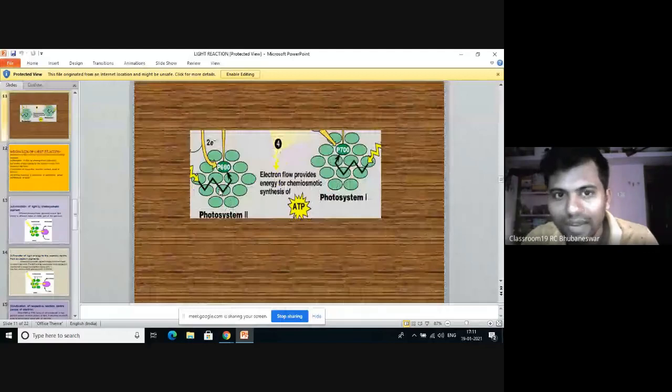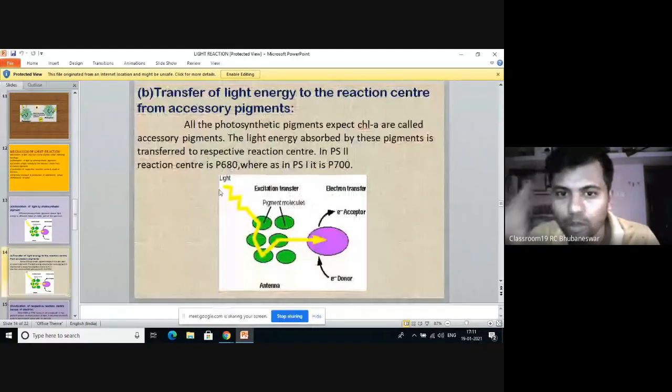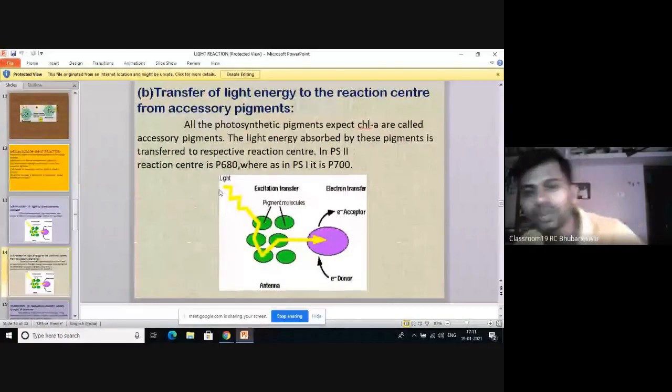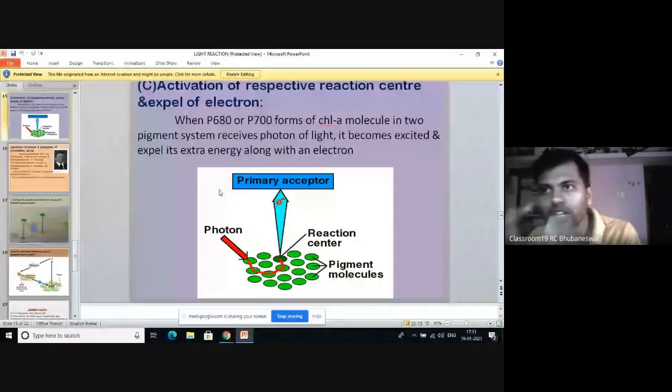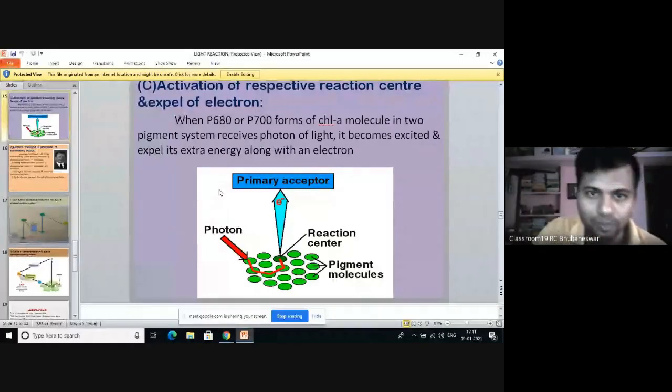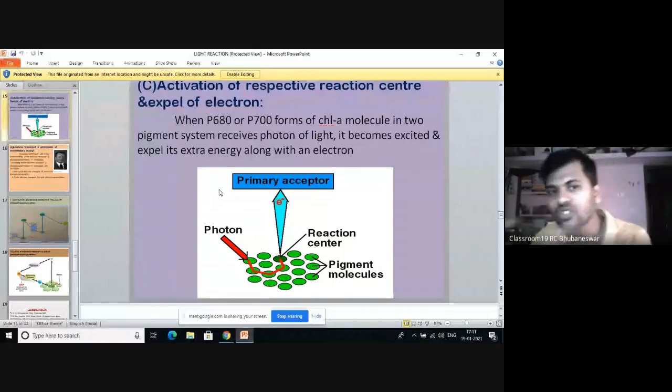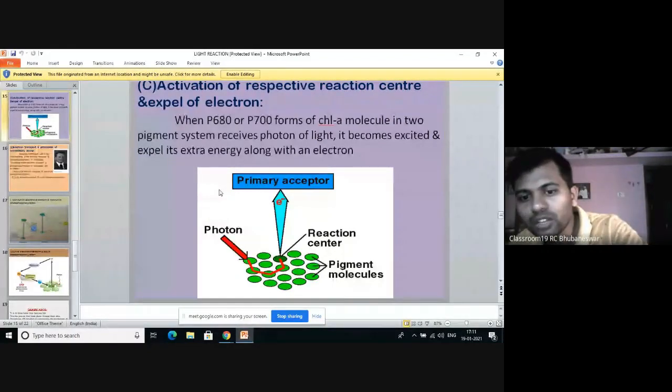When light energy falls on the surface, the pigment molecules absorb it and transfer it to the center. Suppose there are about 200 to 230 chlorophyll molecules present in a pigment system. We have two types of pigment system, 2 and 1. In pigment system 2, the reaction center is P680.